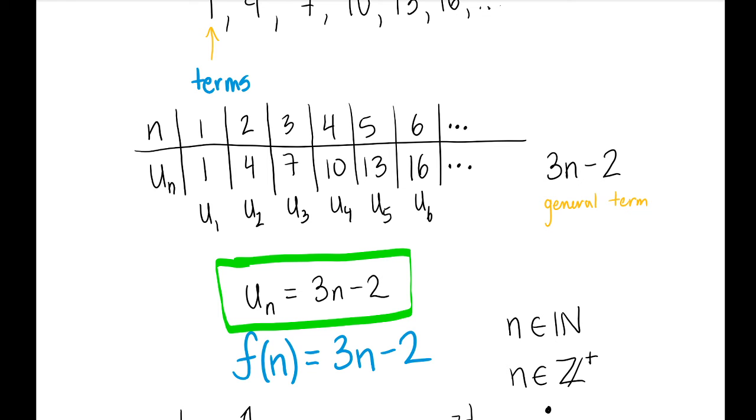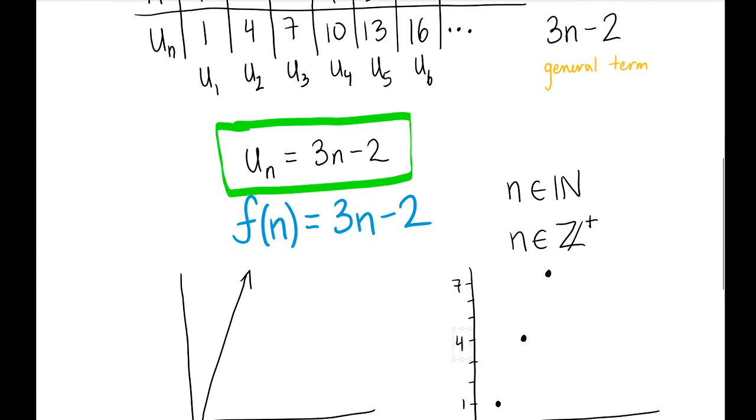In fact, because I don't ever want to refer to a discrete function as a function f of n, typically, the way we actually would represent a sequence, instead of using f or g or some name of a function like that, what we do is we take that general term and we put it in these braces, or what some people refer to as curly brackets, and this is actually how we would express a sequence.